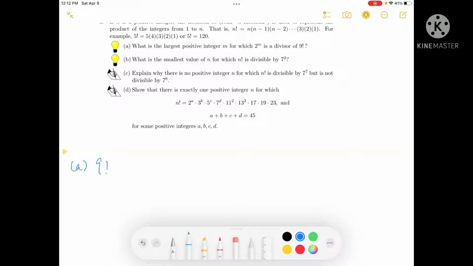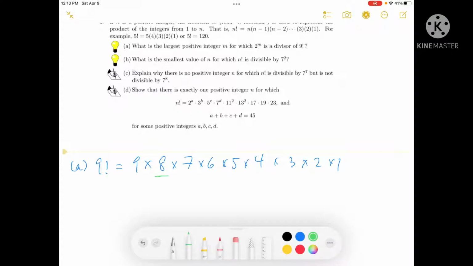Firstly, we can write 9 factorial in expanded form, which is 9 times 8 times 7 times 6 times 5 times 4 times 3 times 2 times 1. We can then count the total number of factors of 2 in 9 factorial, so we can find the largest positive integer m.